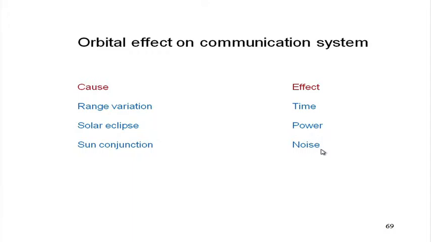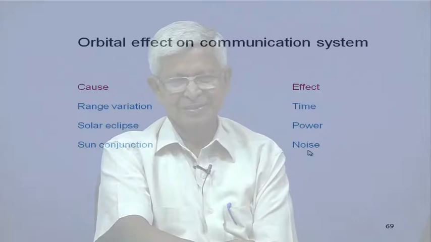The opposite effect occurs at the same time of the year, in the daytime, at noon time, when the sun's noise falls on the receiver if it is in line with the satellite and the sun.